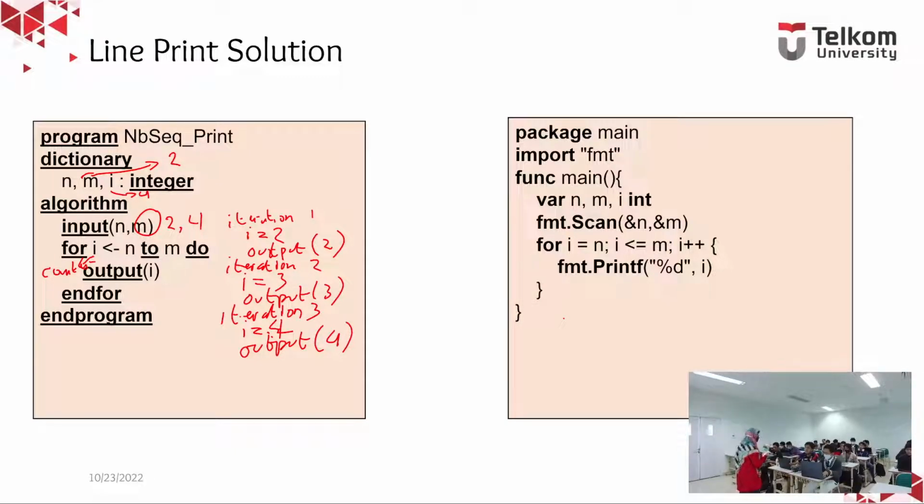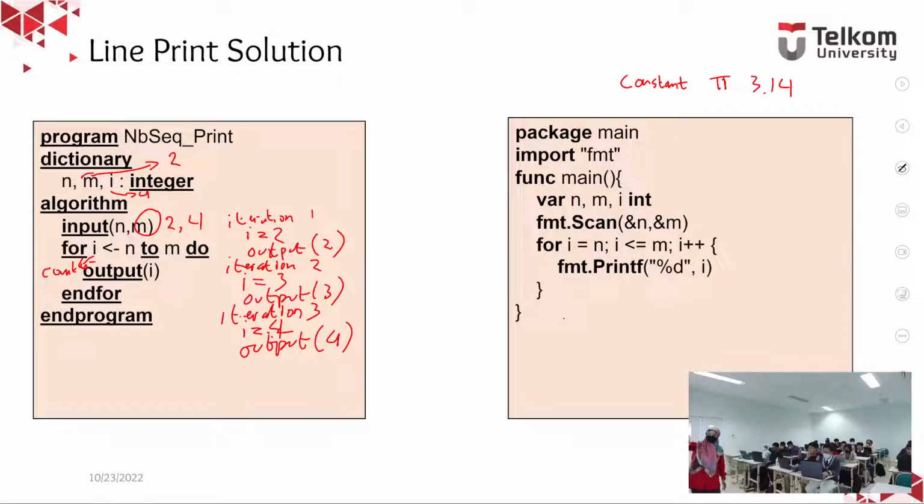For example, when we design a program to calculate the area of a circle, the formula involves pi, right? It won't be changed. So we have to declare it as a constant. That is the difference between constant and variable.